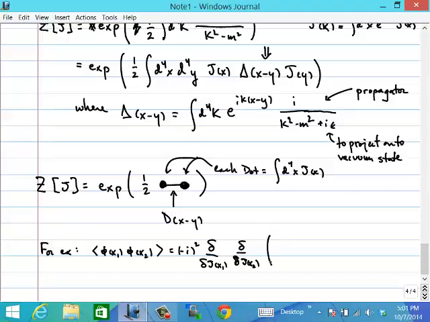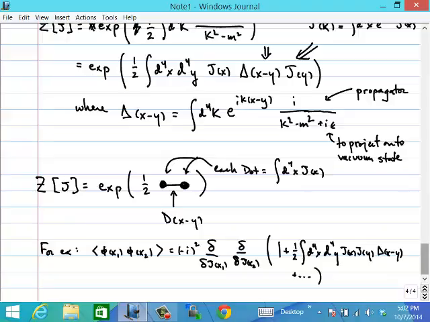Okay. And what is this generating function? Well, it's the exponential of this quantity here. So if we want to understand that explicitly, let's just expand out that exponential. So that's 1 plus 1/2 times the integral d4x d4y, J of x, J of y, D of x minus y, plus higher order terms in the exponential.